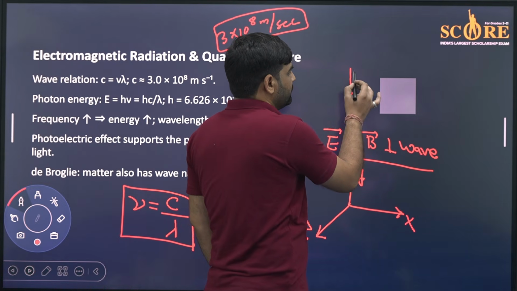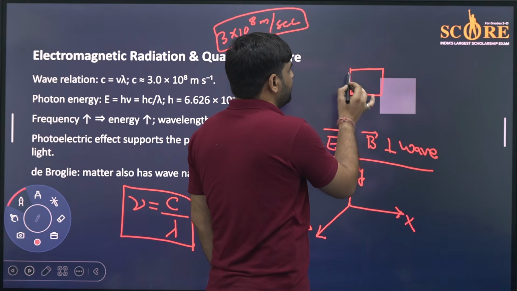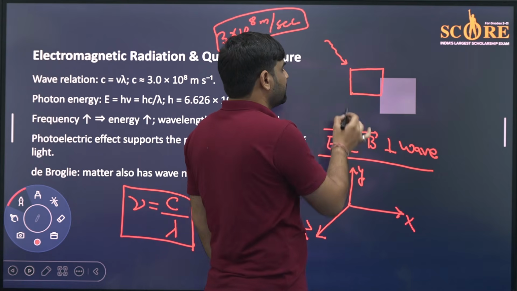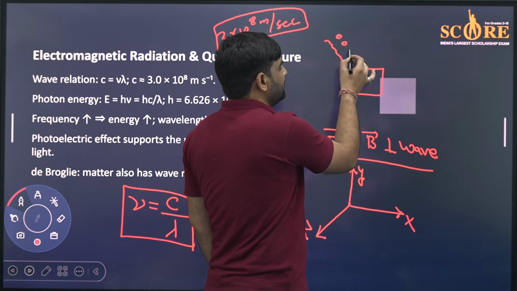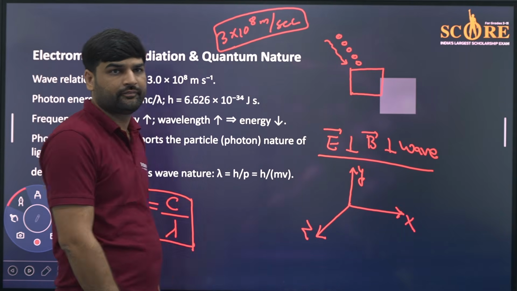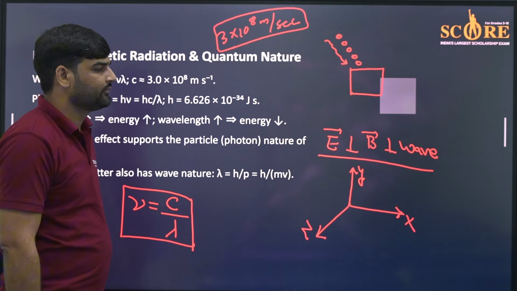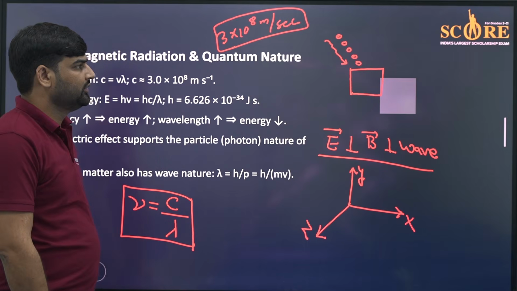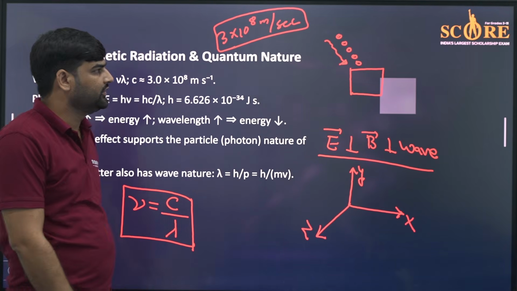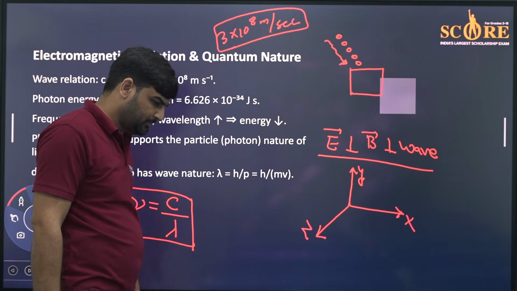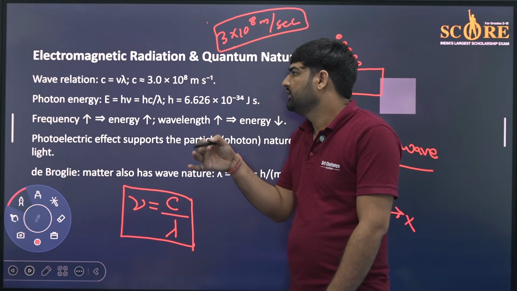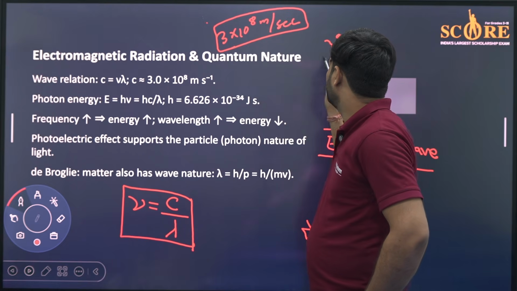Also, according to Planck's theory, if an object absorbs energy, then it absorbs energy in small packets. These small packets are known as photons. According to Planck's quantum theory, energy is absorbed by an object in the form of smallest packets.